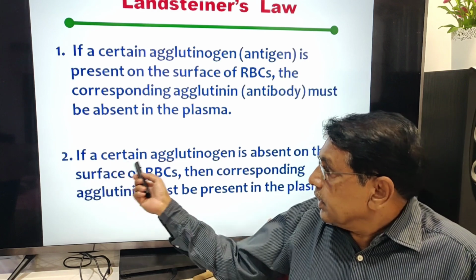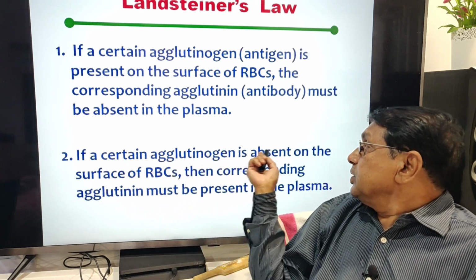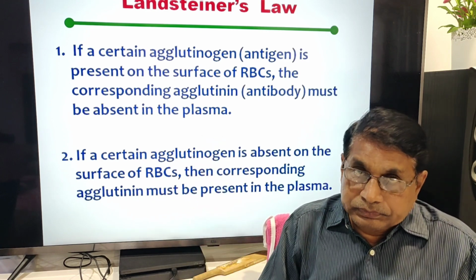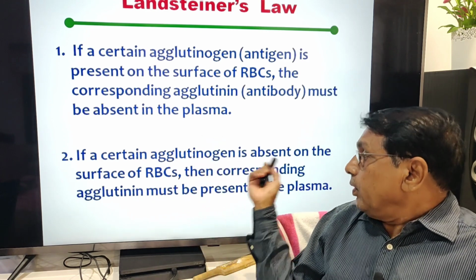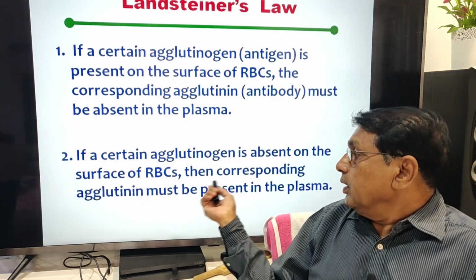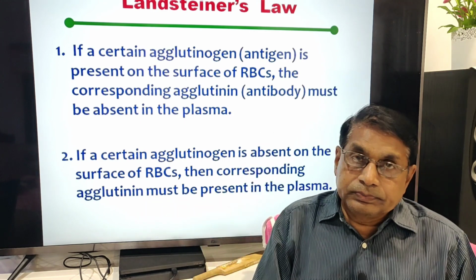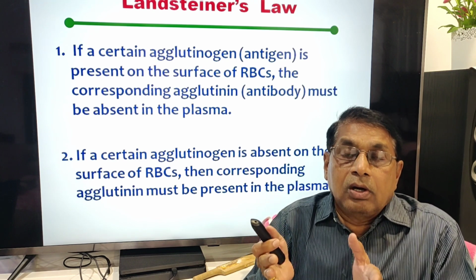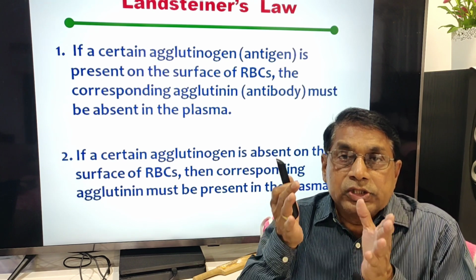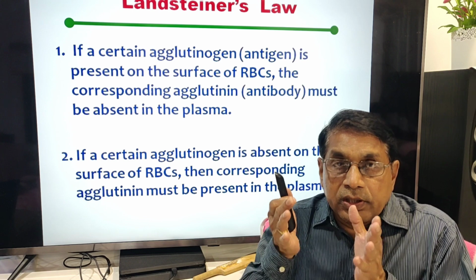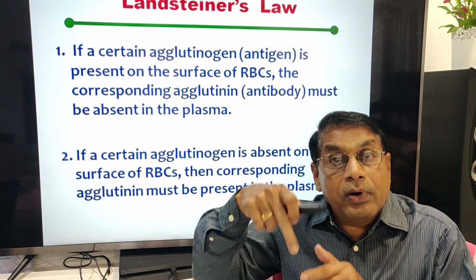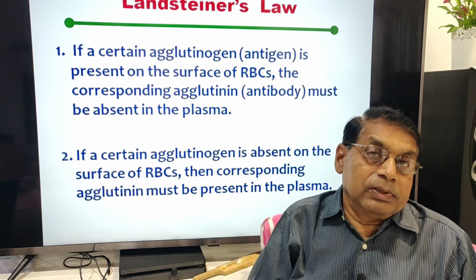Similarly, if a certain antigen is absent on the surface of RBC, the corresponding antibody must be present. Opposite to this, suppose the RBC is devoid of antigen on its surface, in that case antibody will be present in his plasma.